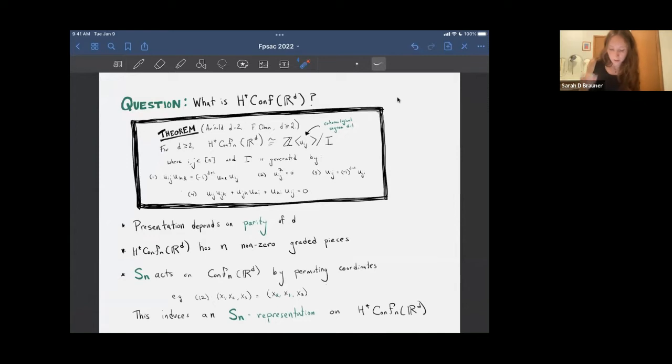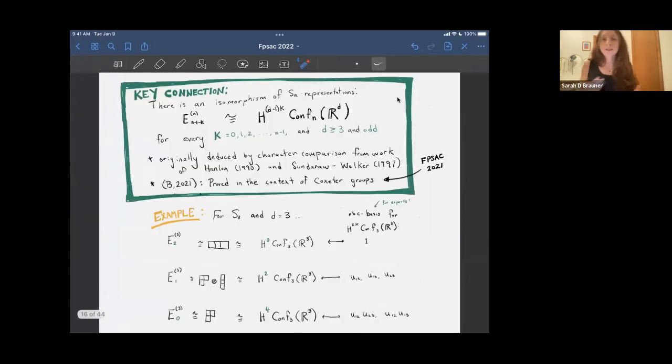The next thing is that this cohomology ring only has n non-zero graded pieces. And the last thing is that the symmetric group acts on this underlying topological space by permuting coordinates. And so that tells me that at the level of cohomology, I'm going to have an Sn representation on this ring.